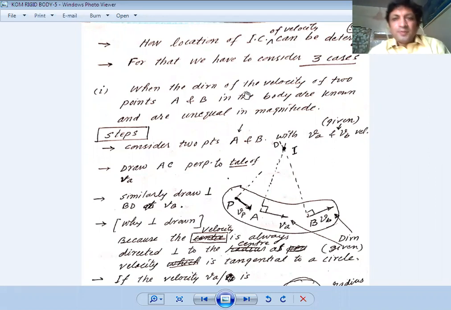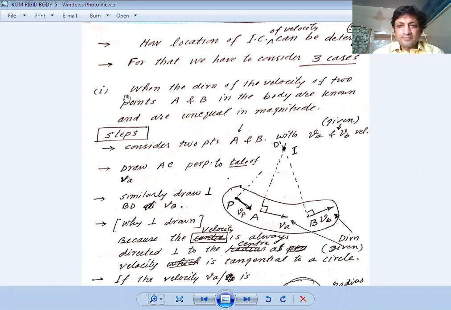Now we will discuss how to locate the IC of velocity of the different points. For that, we will consider three cases.